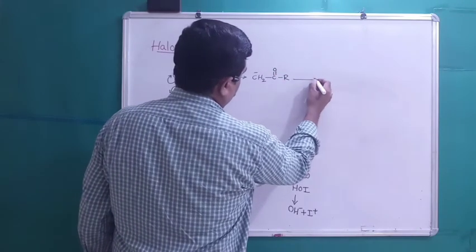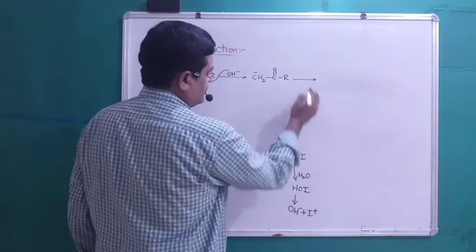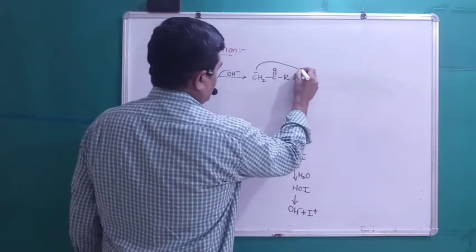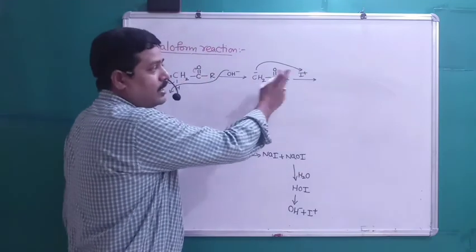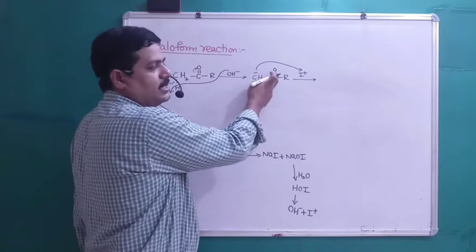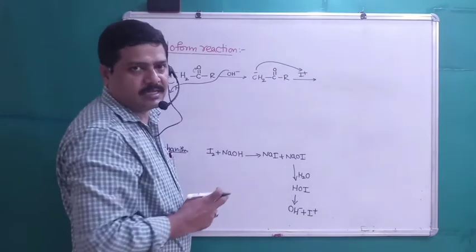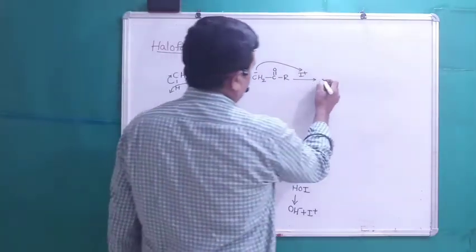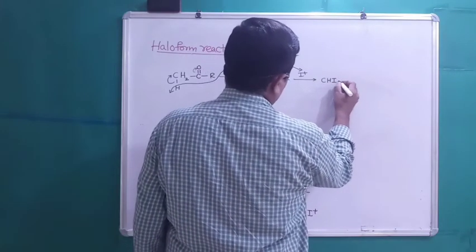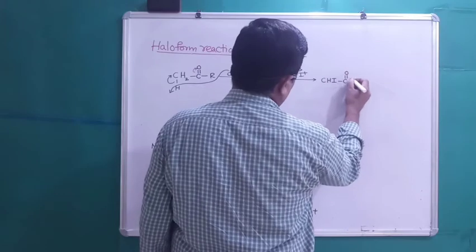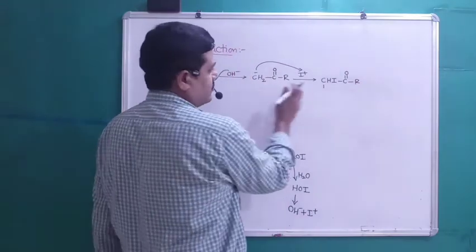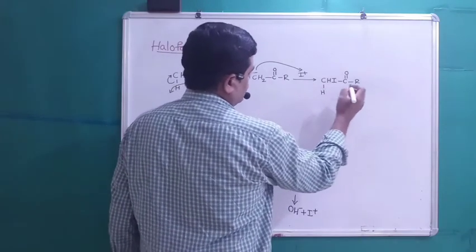In the reaction mixture I plus is generated. The carbanion CH2 minus-C=O-R acts as a nucleophile and attacks I plus, making a bond with it. We get CHI-C=O-R, writing one hydrogen down for convenience.